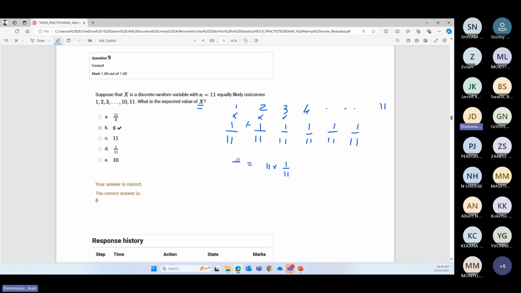So even if they said to us binomial and you need to work out the mean, it would have given us something different.